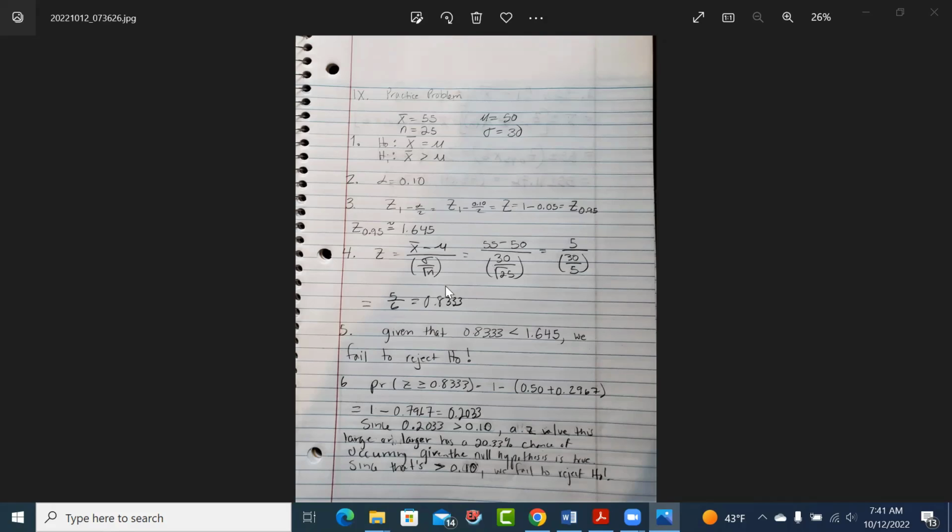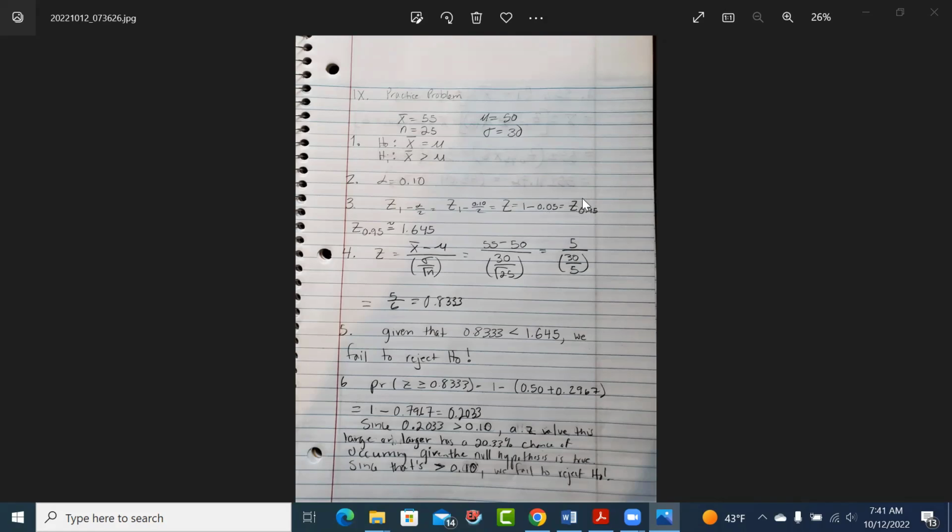We calculate our Z value. Well, actually, we started with our alpha, right? Our alpha was 0.10. So with an alpha of 0.10, we go ahead and identify our critical value. We use this little equation to calculate our critical value: Z of 1 minus alpha divided by 2, which is Z of 1 minus 0.10 divided by 2, which is Z of 1 minus 0.05, which is Z of 0.95.